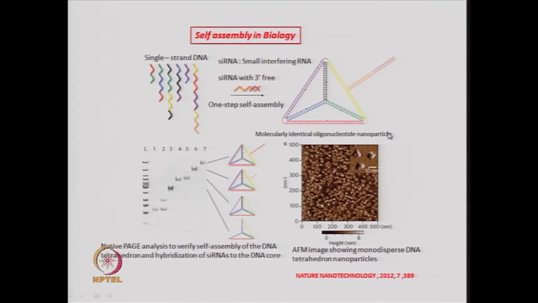This can be seen by an AFM image, and these monodisperse, tetrahedron type DNA structures have been shown using an AFM picture.